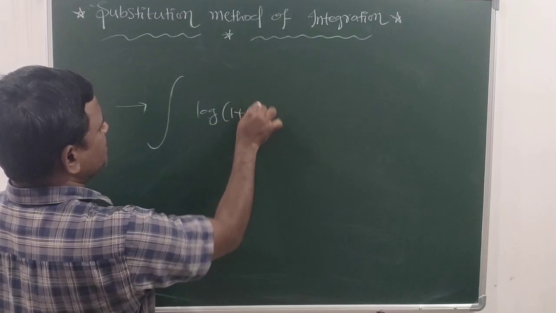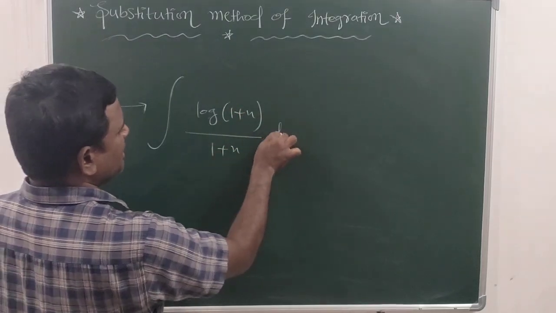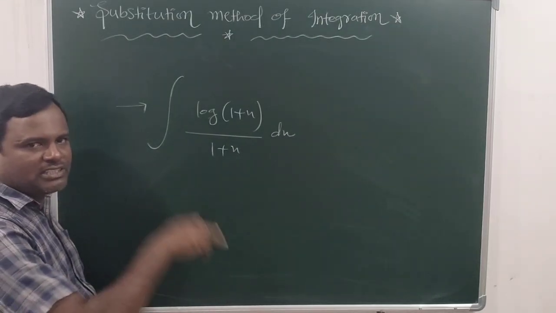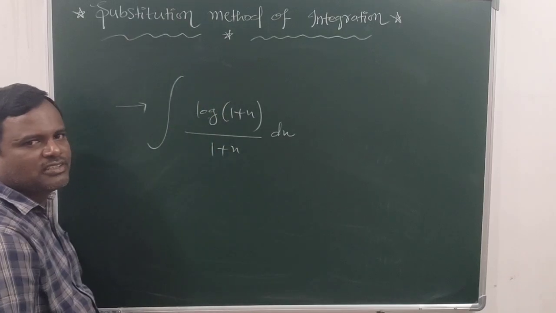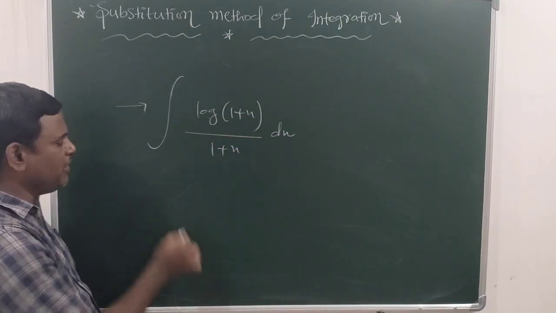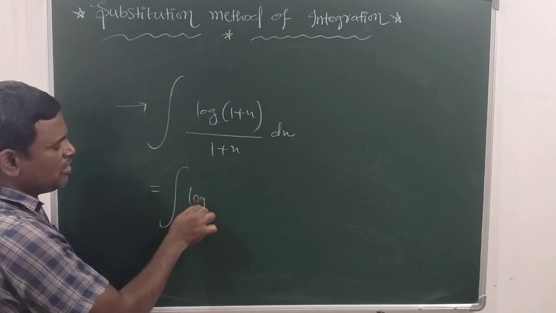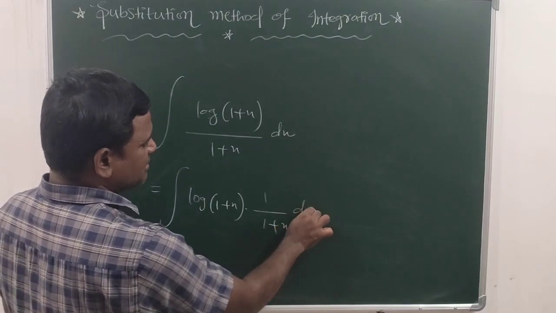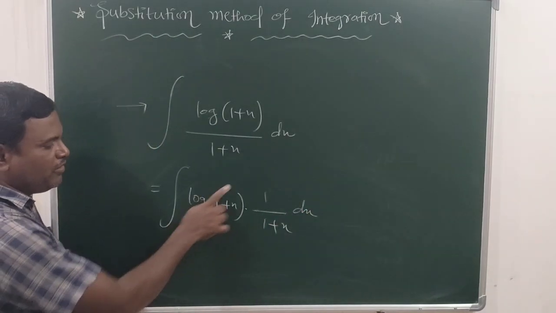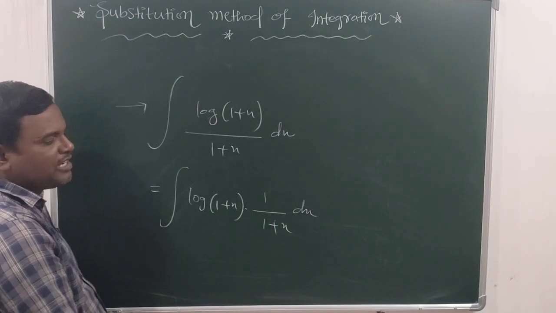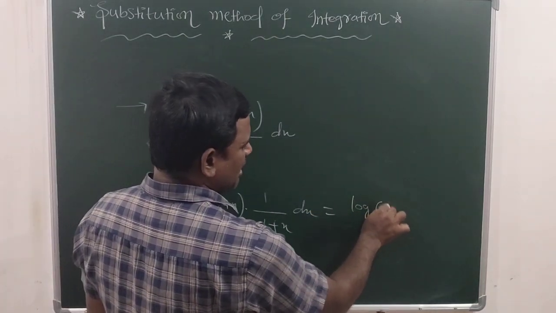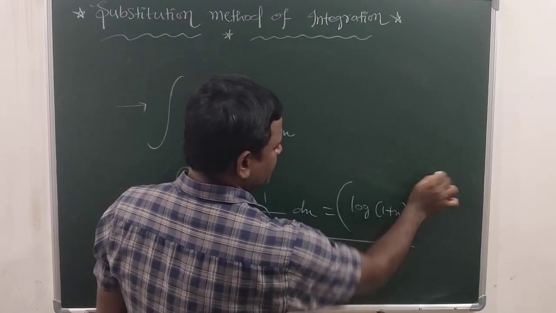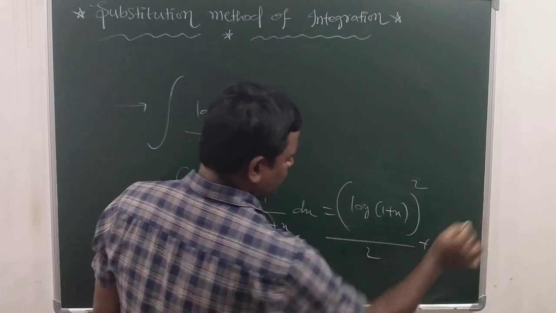Integral of log of 1 plus x by 1 plus x dx. Can we apply the previous formula for this? Yes, because the derivative of log of 1 plus x is 1 by 1 plus x. Now the derivative of this function is given beside it. Hence, its integral will be log of 1 plus x whole square by 2 plus c.